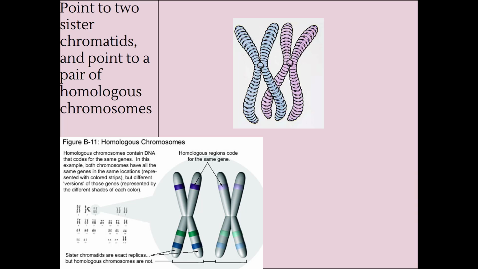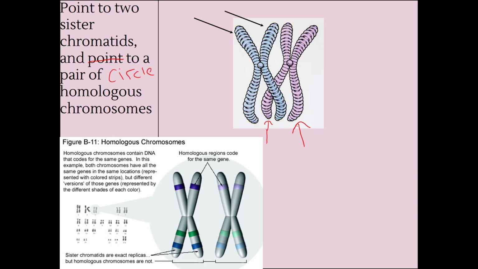So if we take a look at this picture here, we want to point to 2 sister chromatids and point to a pair of homologous chromosomes. I'm actually going to change it so that we're circling and pointing. So we're pointing to our sister chromatids, which we see here, and instead of pointing to a pair of homologous, we're going to circle the homologous. So again, we have our sisters, either the 2 blue ones, or we can even point to our 2 pink ones down here.